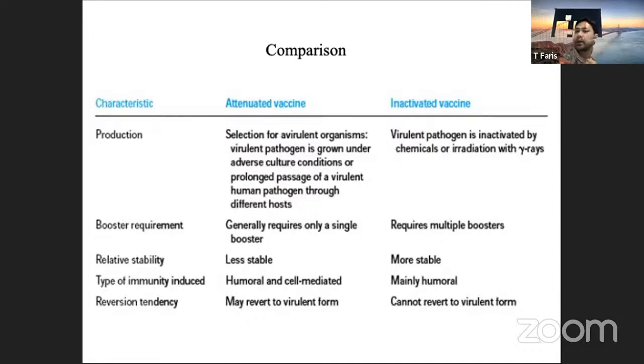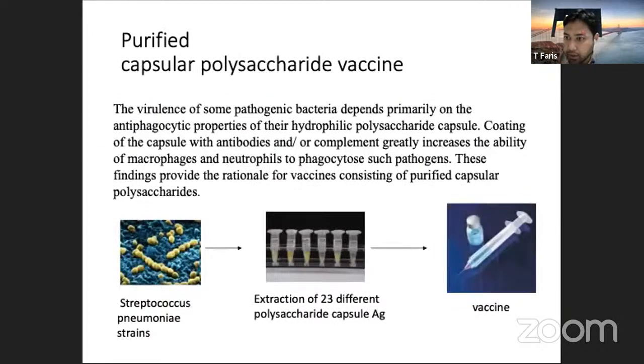Of course, you need them in stages, because you need boosters over maybe a longer period of time, so that your immune response is primed when you need it. They are more stable, mainly humoral and not cell mediated, and cannot revert to the virulent form. This is good news, and lots of people prefer this type.